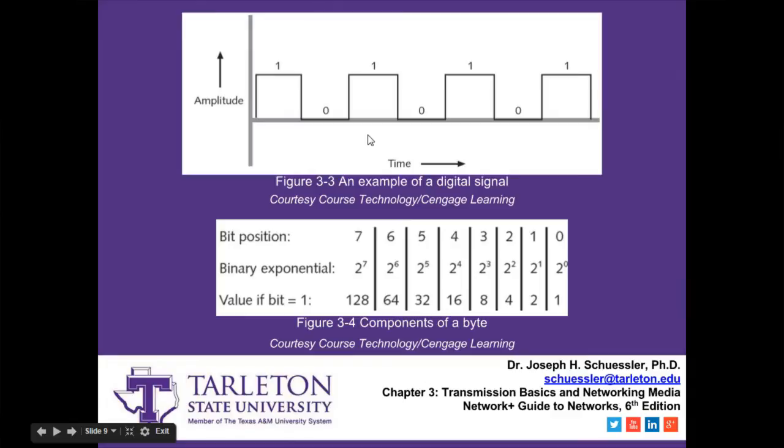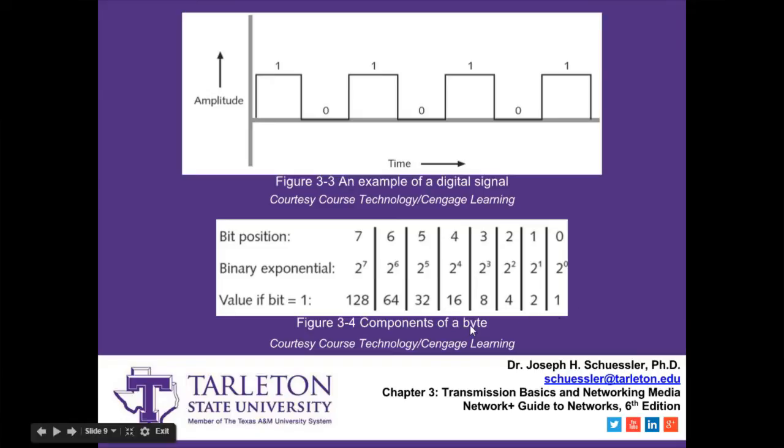We can start to represent things. If we can only represent on or off, that doesn't tell us much. But if we combine those together in the form of bytes, all of a sudden we can represent much larger numbers. We can represent various letters of the alphabet. And that's kind of what they're getting at down here. If we've got 8 bits, which is a byte, 0 through 7, we can represent 256 different numbers, 256 different characters.